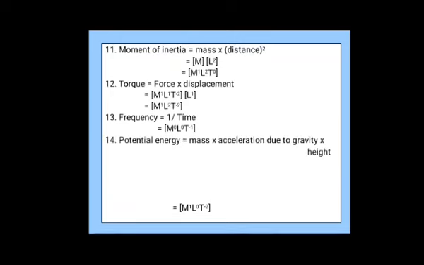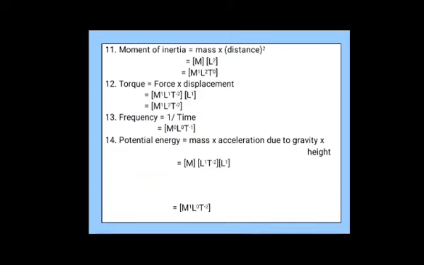Next one is potential energy. So the formula for potential energy is mgh. M is mass, g is acceleration due to gravity, and h is height. So you will get M raised to 1. Acceleration due to gravity is nothing but you have to write for acceleration, so L raised to 1, T raised to minus 2. Height is L raised to 1.